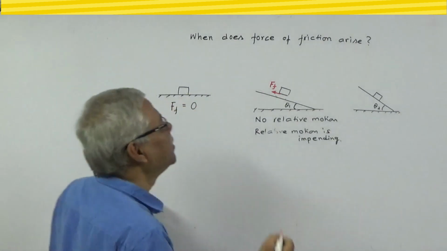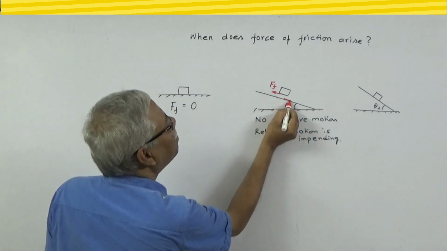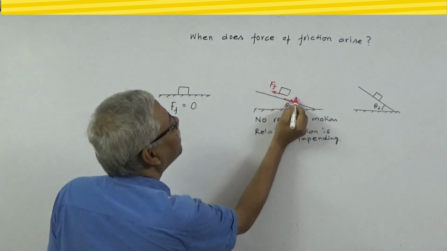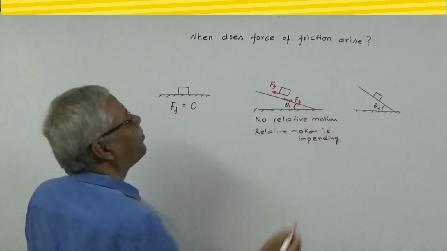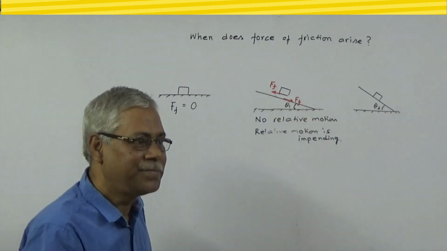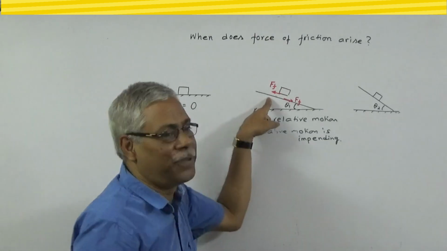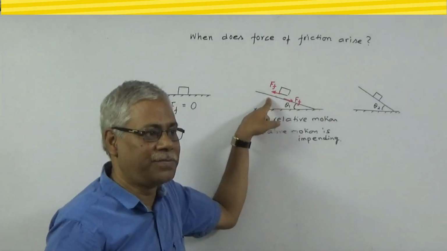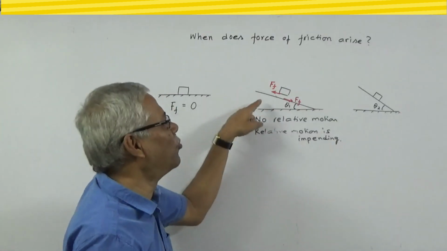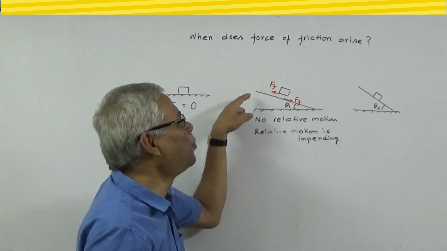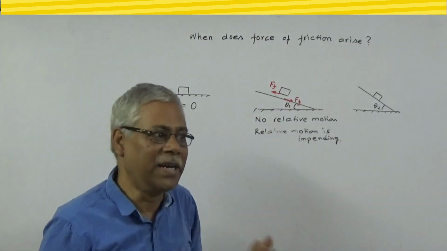So on the incline, it is acting forward. So friction is trying to prevent the relative motion. In this case, relative motion is not ongoing, so frictional force is trying to prevent the relative motion.